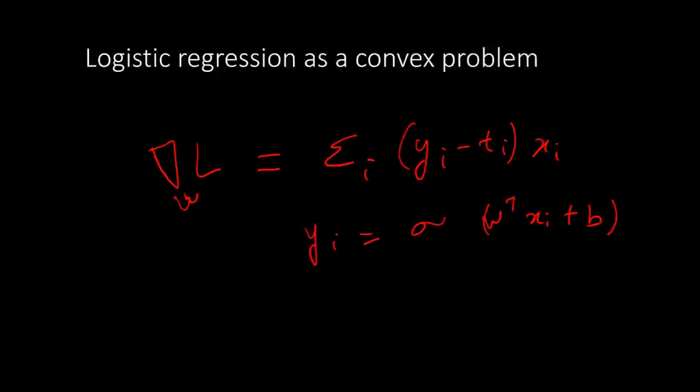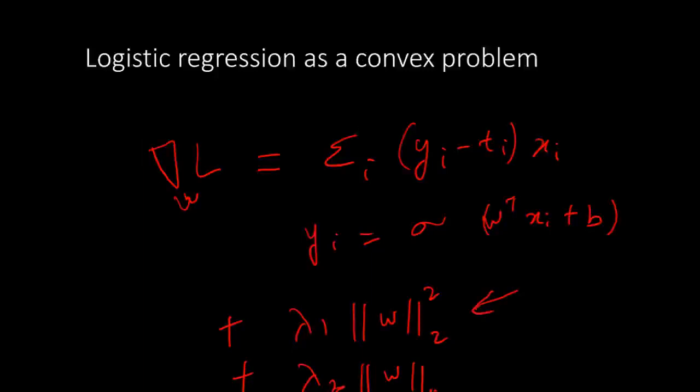This logistic regression problem is a convex problem, so we can also add terms such as lambda times the squared norm of w, or lambda times the L1 norm of w. These terms regularize the solution: they either keep w small, or keep w small and drive some of the w's to 0 to give a sparse solution.